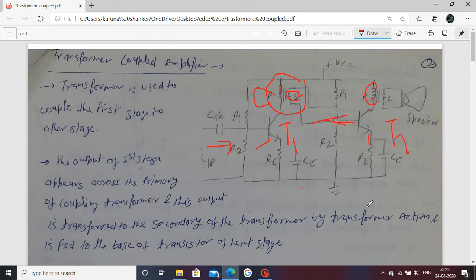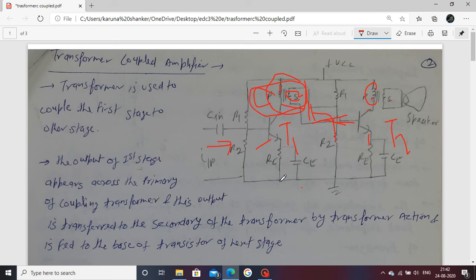If you understand the two stage RC coupled amplifier from the previous lecture very well, that one used a coupling capacitor. Here, similarly, you can explain it, just change that you use a transformer in place of the coupling capacitor.